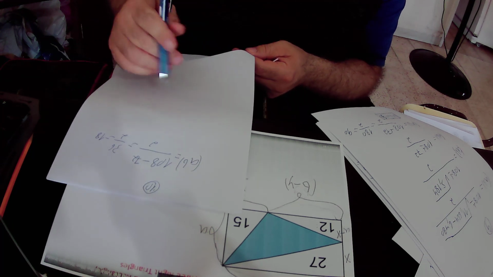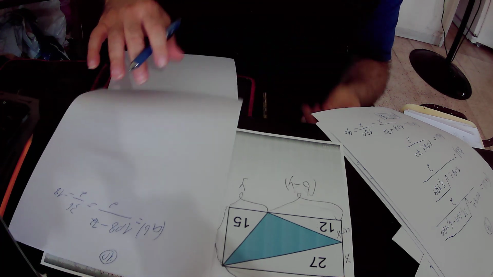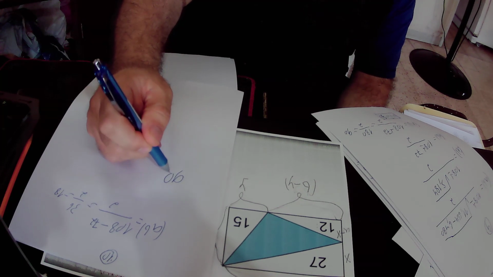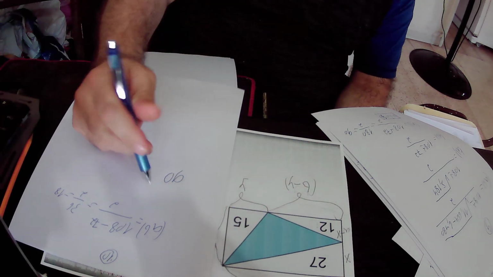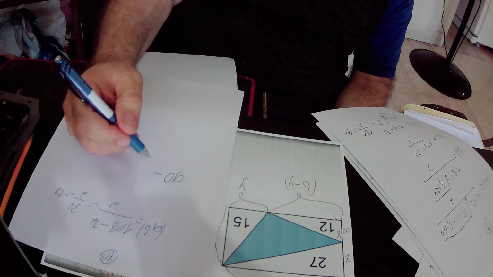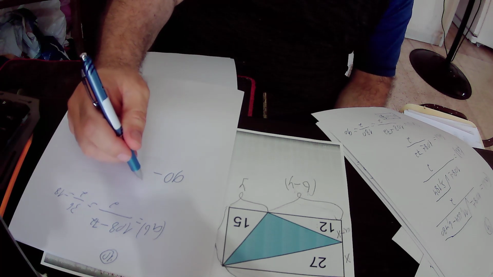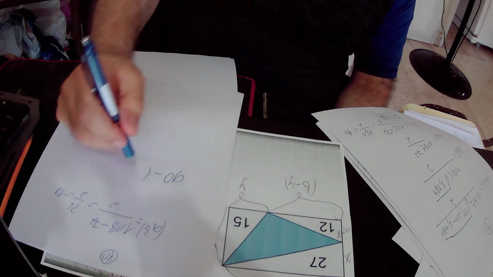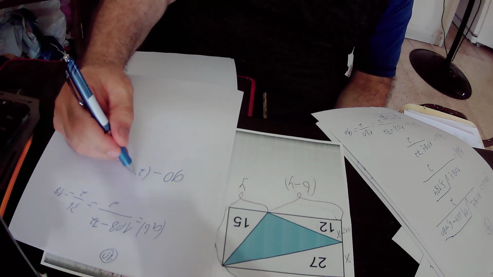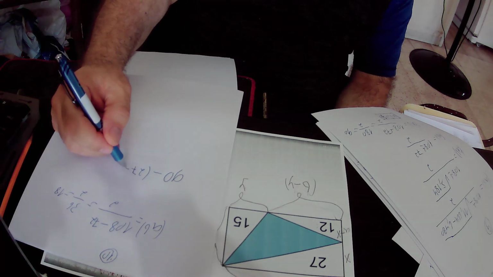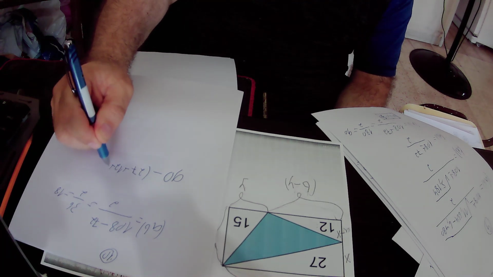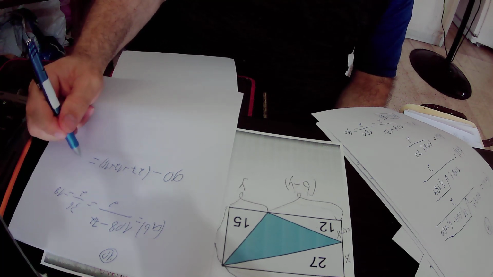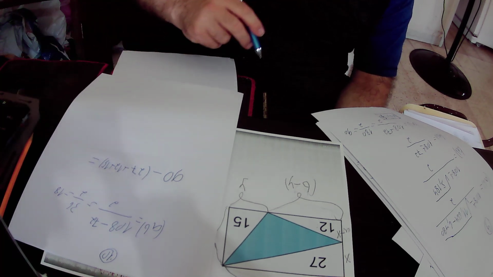Okay, so we can write that the area of the rectangle, that is 90 units, minus the sum of the areas of these 3 right triangles, that is 27 plus 12 plus 15, equals the area of the blue triangle.